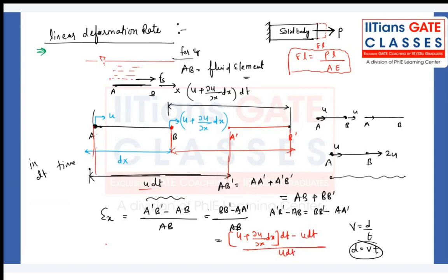Dt I can take out, and I can write further dou u by dou x, because u dt will cancel out, and dt will also cancel out. What can we write? Dou u by dou x into dx into dt divided by u dt. This will cancel out.